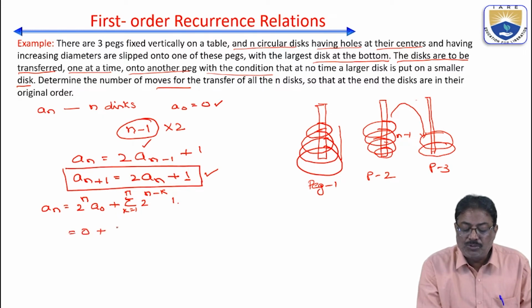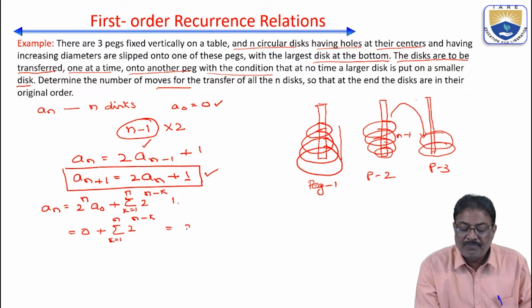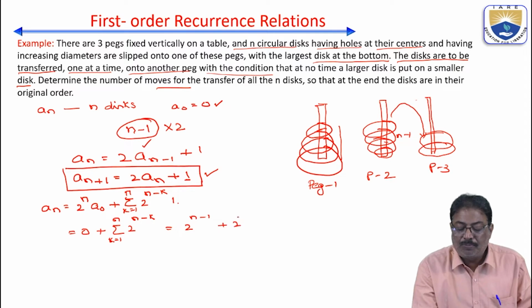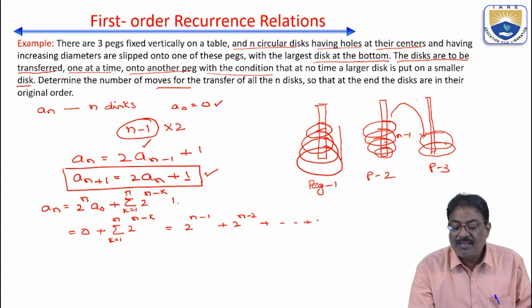Then I am going to take the summation of 2 power n minus k, for k equal to 1 to n. If I substitute here, this will become 2 power n minus 1 plus 2 power n minus 2 plus 2 power n minus 3 and so on, up to 2 power n minus n.